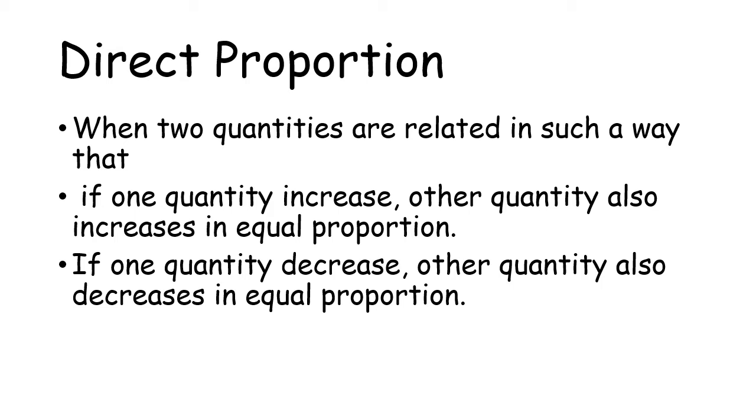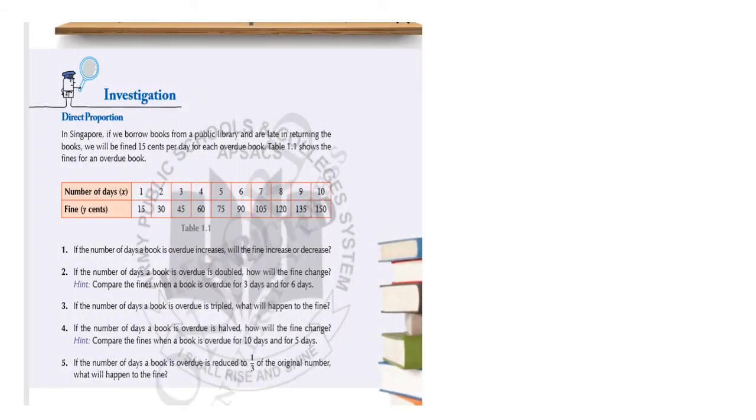Now on the next slide there is a page of the book in which an investigation is written. As you can see, this example is related to Singapore, in which there is a library and there is a fine if you don't return your book on the specific date. The fine is 15 cents.